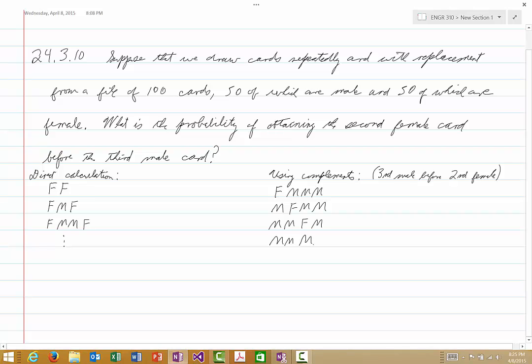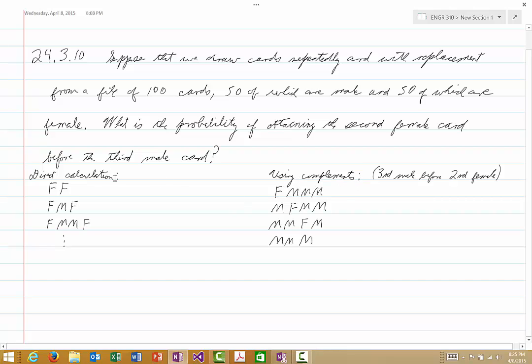However, if we look over here at the direct calculation, there are going to be considerably more than 4 outcomes. Here are the 4 outcomes that give us the complementary situation, but there are going to be considerably more than 4 in the direct calculation. So this is one of those situations in which it would probably be more efficient to use complements.